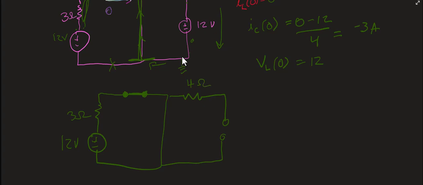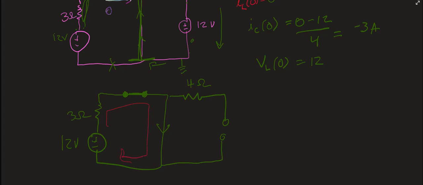So let's see. There will be no current through the right-hand branch because we have a short circuit right here. So all of the current is going to go that way.